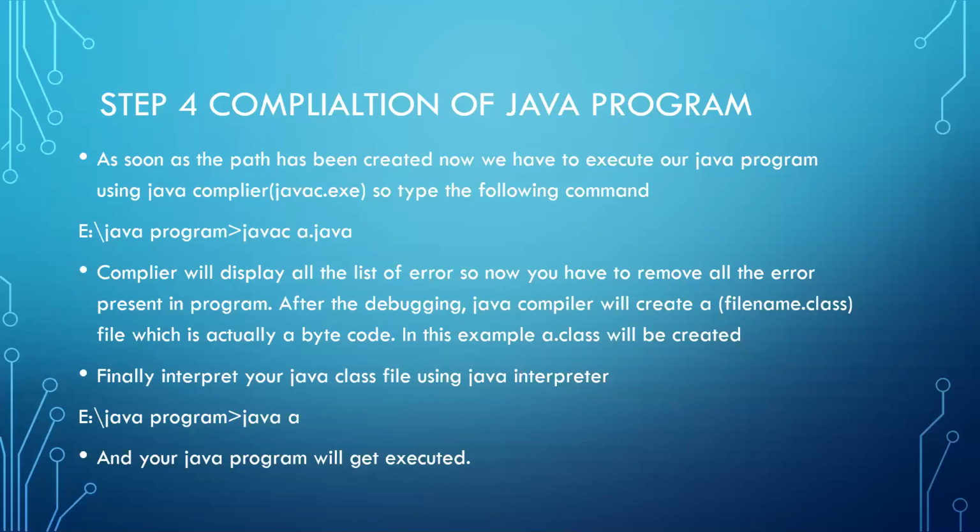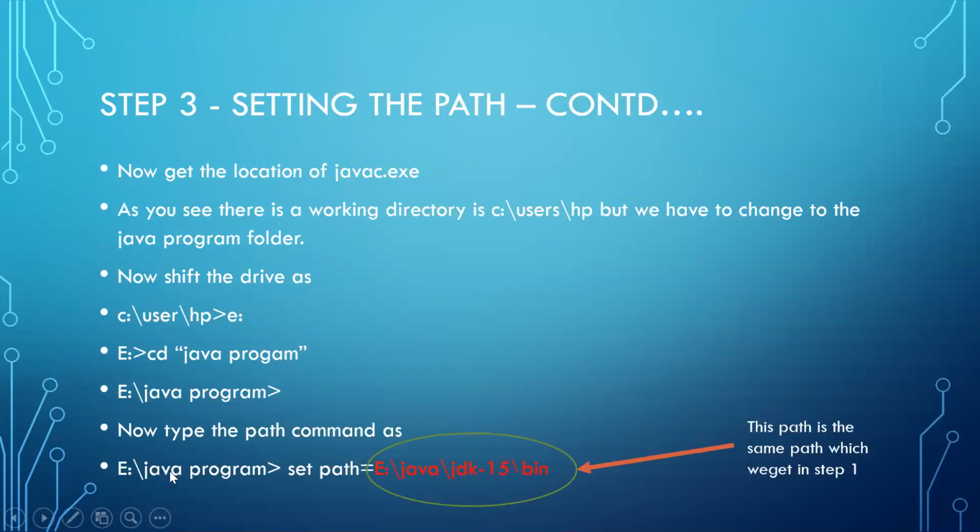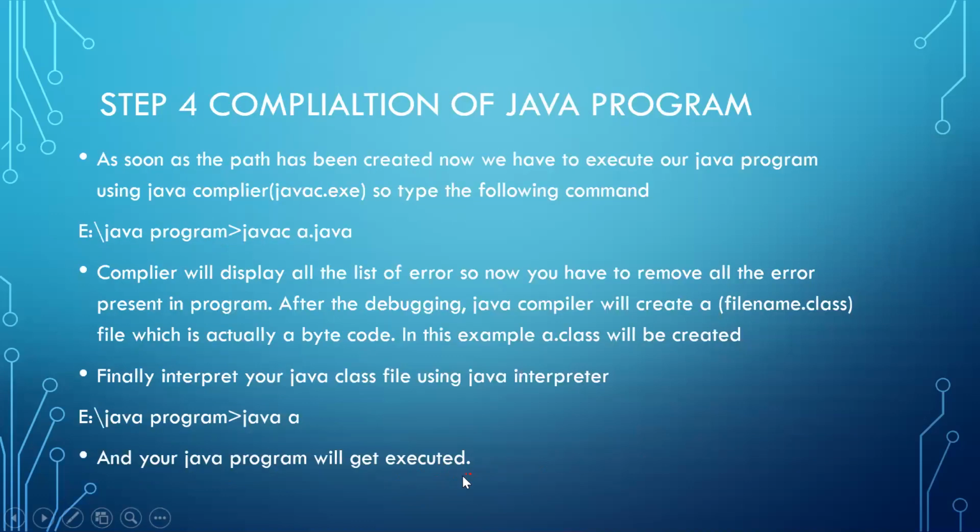So now we will see step by step. Javac, as soon as the path has been created, as we saw in this figure, E drive Java program, set path equals to e:/java/jdk15/bin. After that, the path will be set. Now you have to compile your Java code using javac a.java.